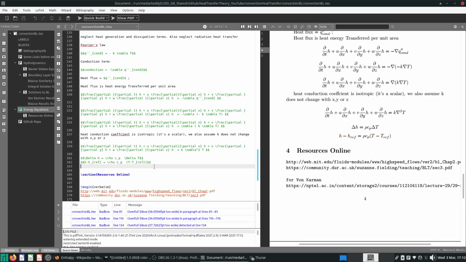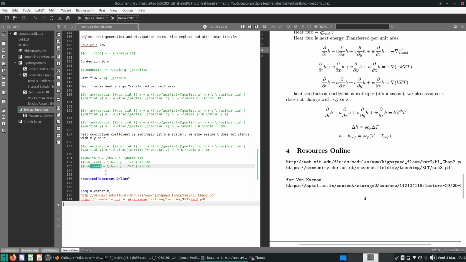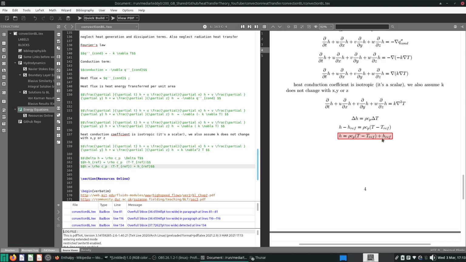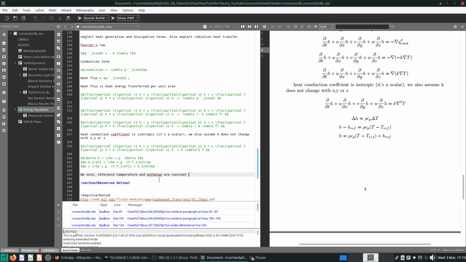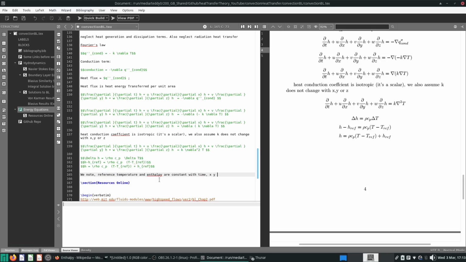So H is equal to the following, but we note the reference temperature and enthalpy are constant with time, x, y, z, etc. All of these, the T ref and the H ref, are constant.